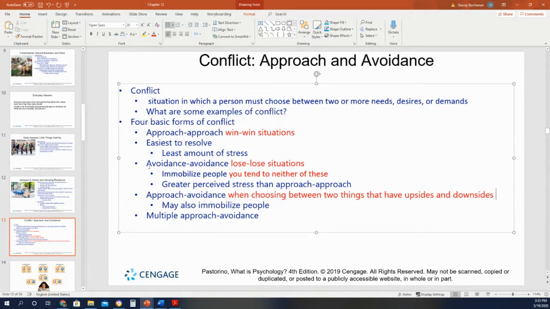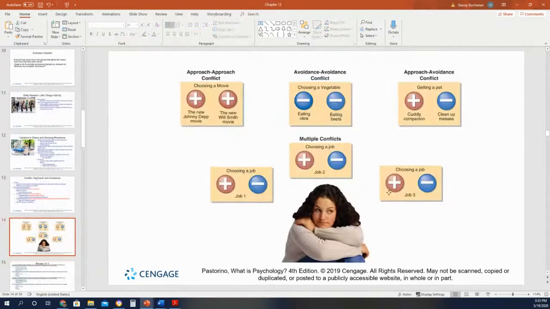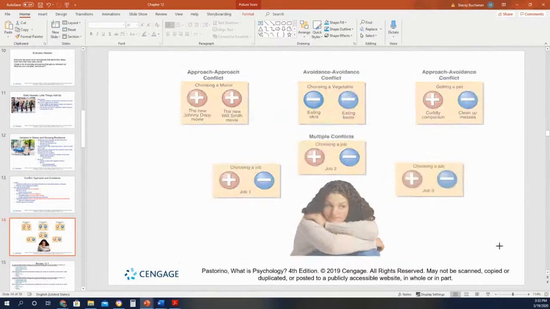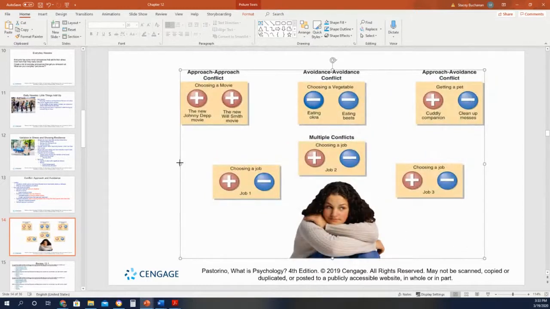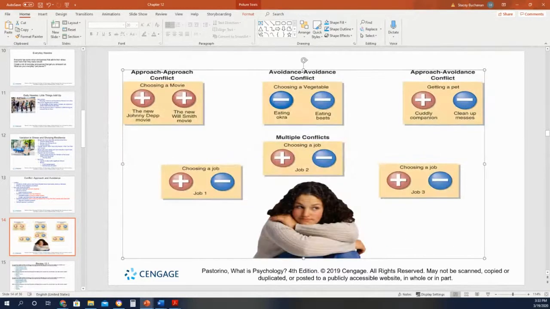So let's look at a couple examples. See if I can make this bigger. That'll do. So approach: choosing a movie, going to the Johnny Depp movie or going to the Will Smith movie. This is assuming that you're a fan of both of them. So it's a win-win situation because you know you're going to be happy going to see either movie.